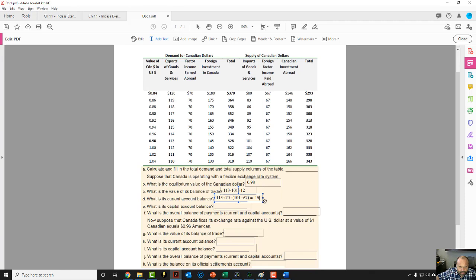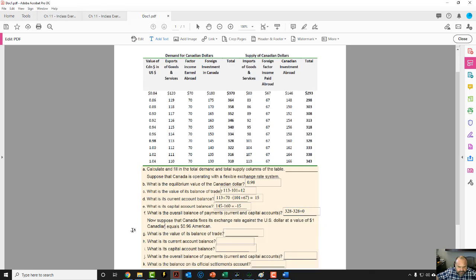Now we're asked what the capital account balance is. At the exchange rate 0.98, the foreign investment in Canada is 145, and we subtract the Canadian investment abroad, which is 160, and that equals negative 15. So what is the overall balance of payments? In this case, the overall balance will be 328 minus 328, which is equal to 0.